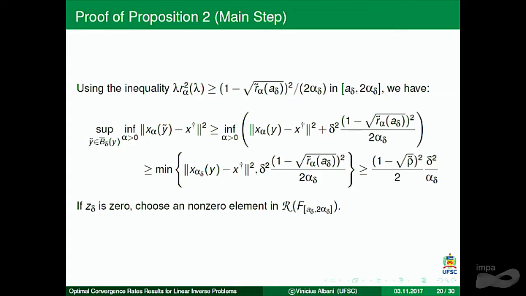For example, if alpha is between 0 and alpha delta, we have this lower bound. If alpha is between alpha delta and the norm of L, we have this lower bound. So both are proportional to this, and so we have the lower bound.